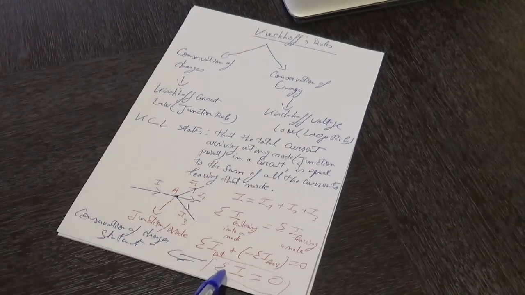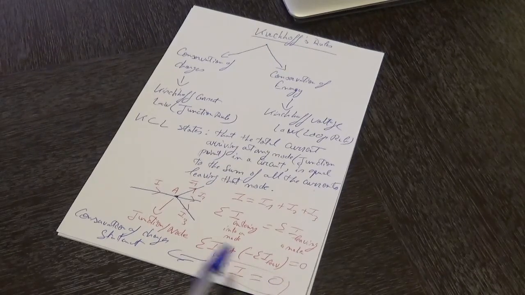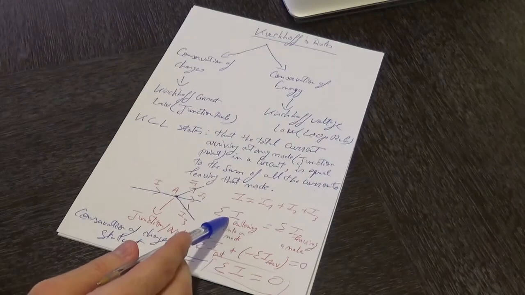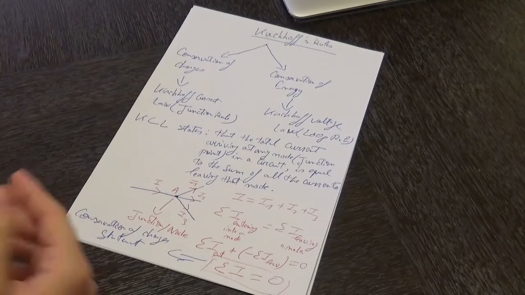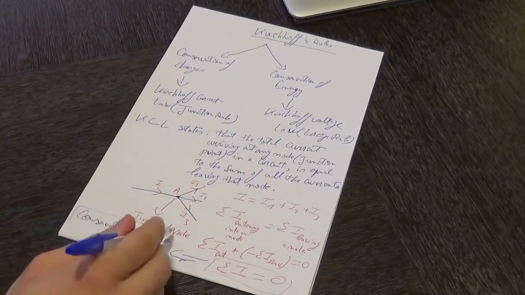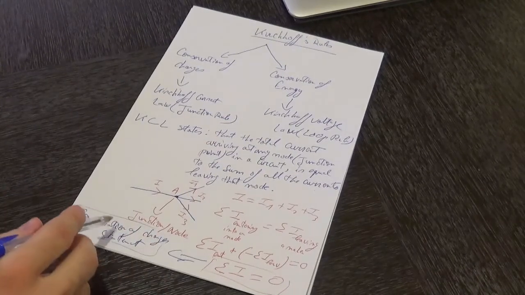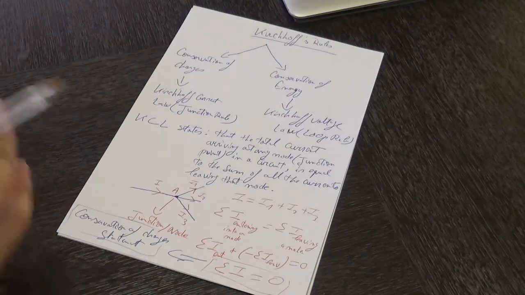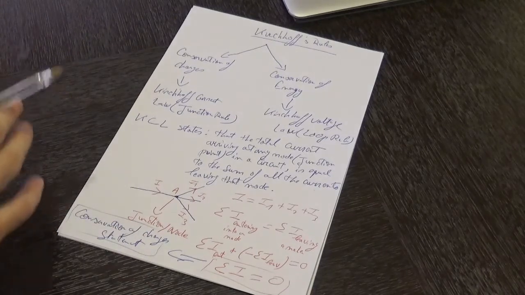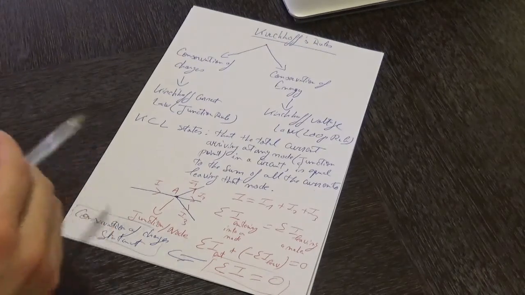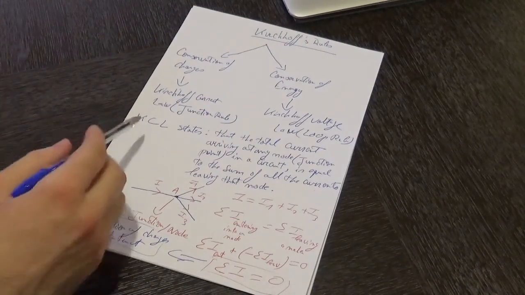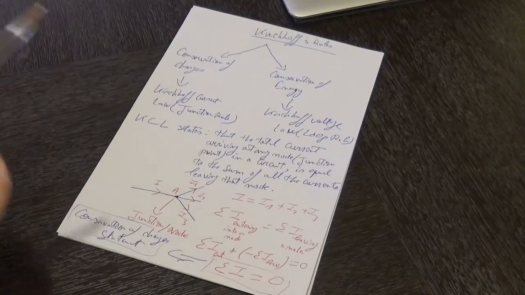So whenever we are validating that the summation of all the currents in a circuit is equal to 0, or whenever you are validating that the summation of I entering a node is equal to the summation of I leaving a node, therefore you are basically validating the conservation of charges statement, which is none other but that the net electric charge within an electrical circuit is always conserved. That would be the first rule, which is called KCL or Kirchhoff current law.